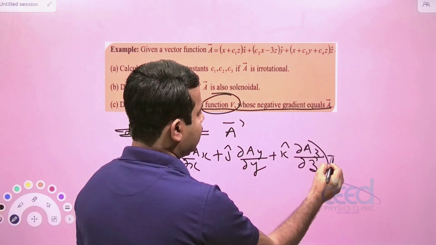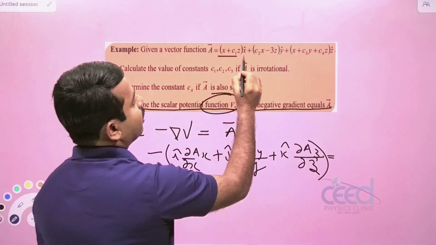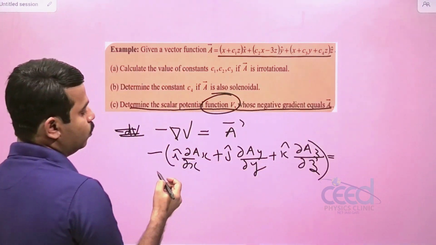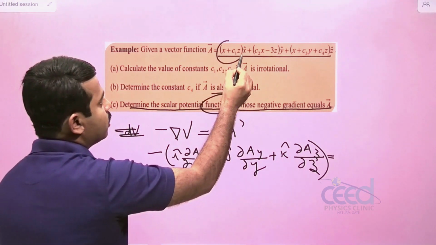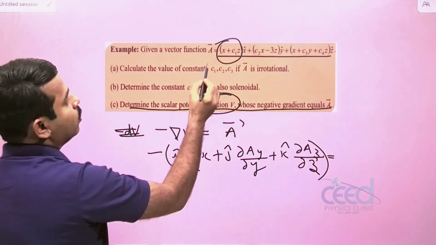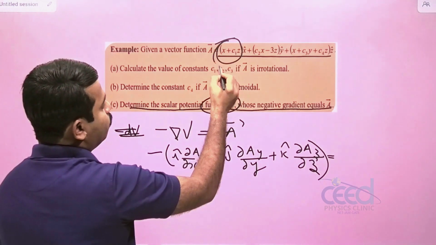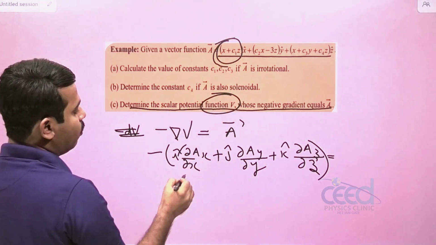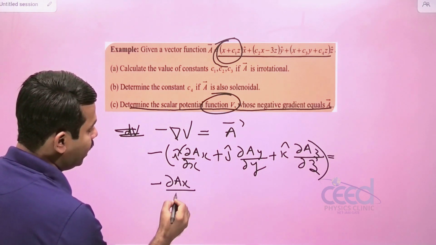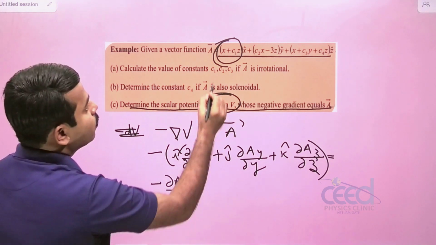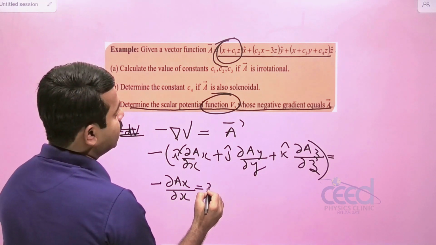This is equal to this vector, so you equate with this. Then minus dou Ax by dou x is equal to this x plus C1 z.